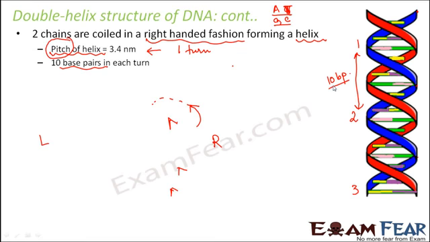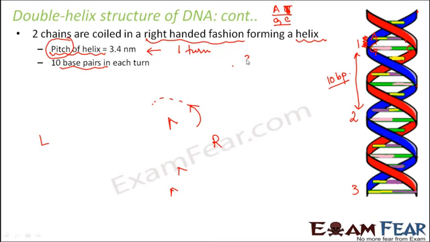Now if I want you to calculate what is the distance between two base pairs. So this is one base pair, for example, here. Let us suppose this is AT, and this is G and this is C. If I ask you what would be the distance between these two, this is one base pair, this is another base pair. What is the distance between these two? How will you be able to calculate?